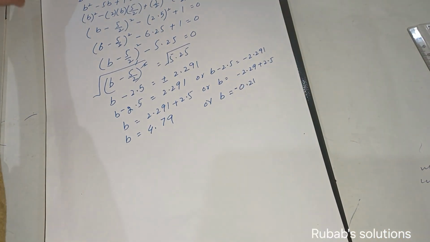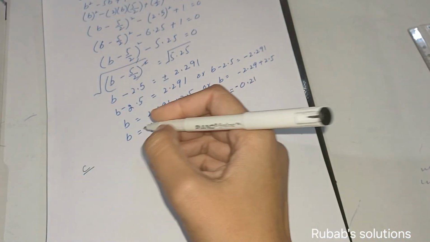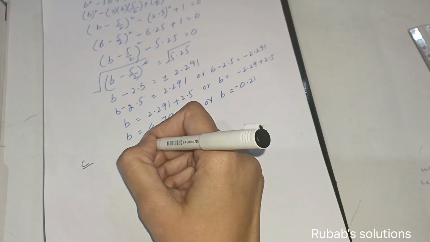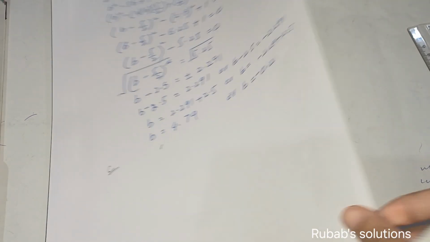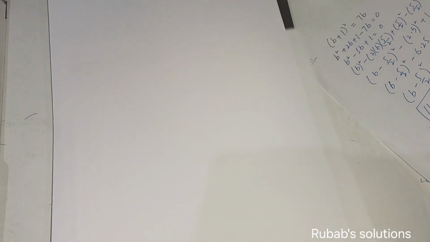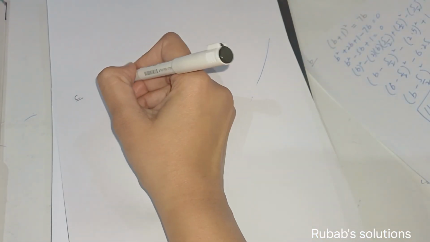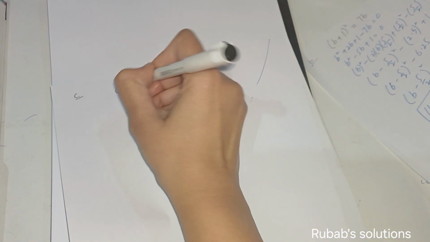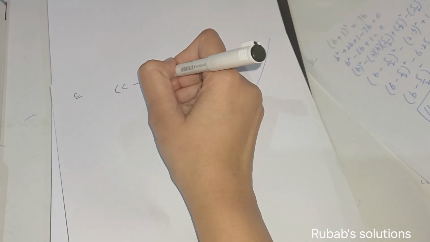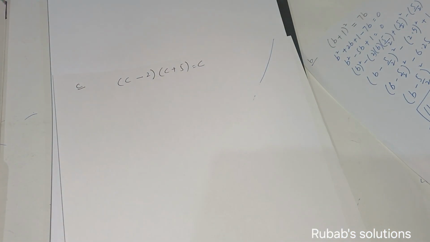Okay, moving towards the next part, that is part C, and part C is saying that c plus 2, and I think I should use a new paper because it will not come on that single paper. Okay, part C is, the same letter and the same part number, c plus 2 times c plus 5 is equal to c.